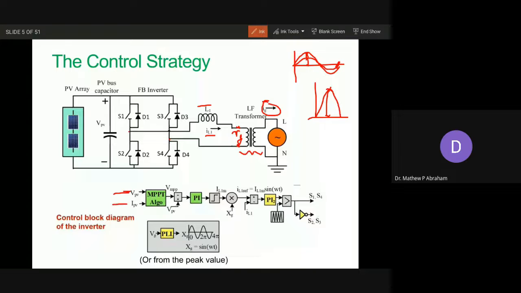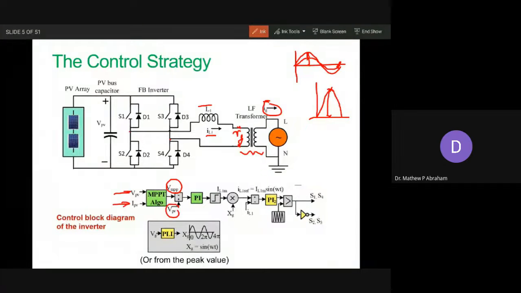We measure the PV current. They are subjected to the MPPT algorithm, which gives us the voltage at which it is to be operated. Then we have a measurement of that voltage. They are compared and given to a PI controller. That PI controller gives us a DC value corresponding to the current to be injected.